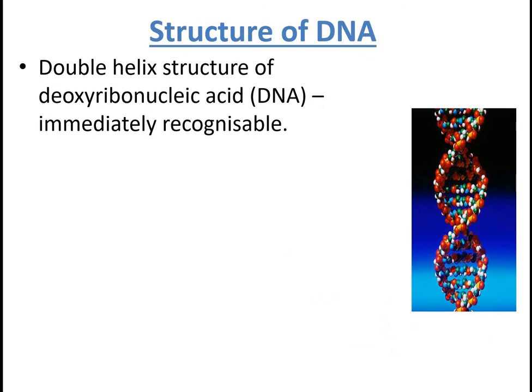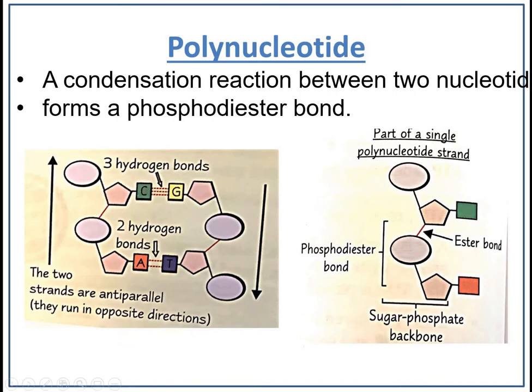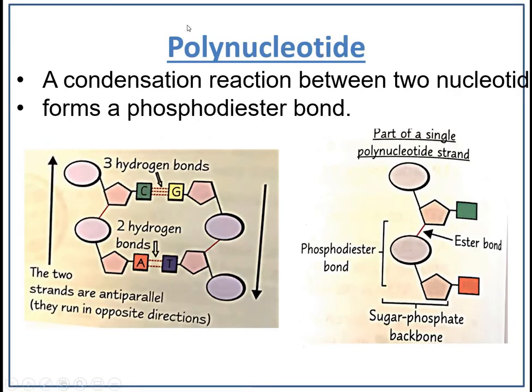So looking in further detail at DNA now, DNA is a double helix structure, and it has two polynucleotide strands which are wound around each other to form a double helix. And when you've got your mononucleotide, which would just be this here, these mononucleotides can join together to form a polynucleotide by a condensation reaction, which forms something called a phosphodiester bond.